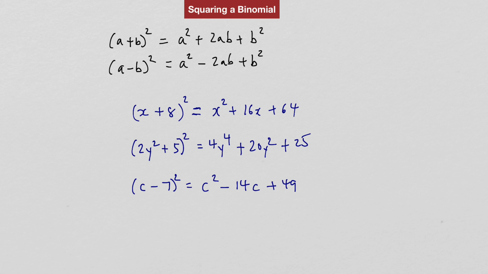Second term squared. Negative 7 squared is 49. Okay? So these are perfect square trinomials.